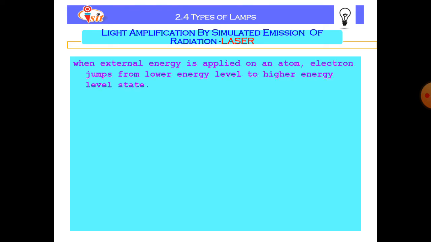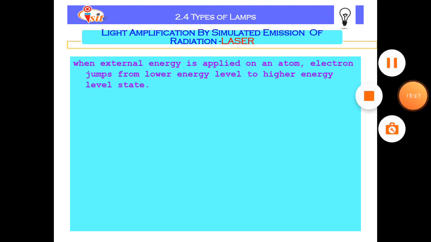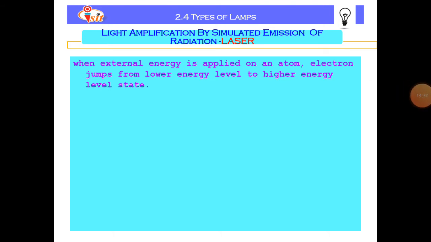The principle for the laser is when external energy is applied on an atom, electrons jump from a lower energy level to a higher energy level state. It means when any atom is subjected to high external energy, then from that atom the electrons jump to a very high energy level state. So considering this principle, the laser works.